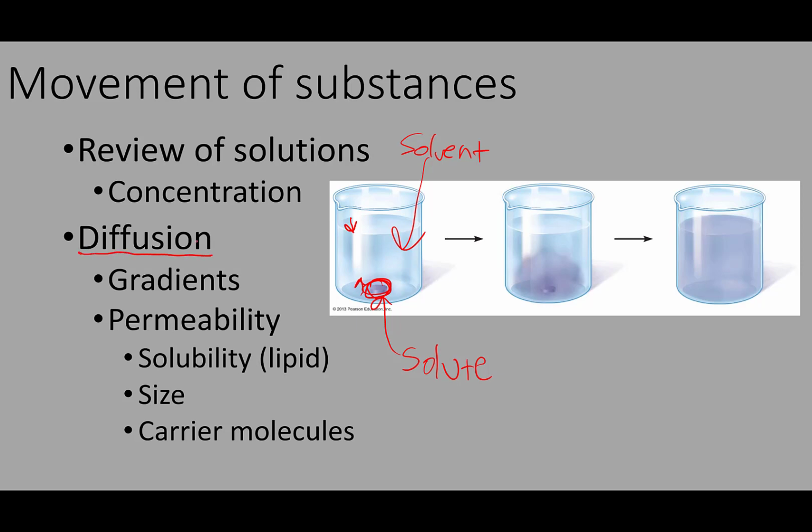And diffusion is the natural tendency for everything to move from an area of high concentration towards an area of lower concentration. Everything wants to move naturally from an area of high concentration towards an area of low concentration.